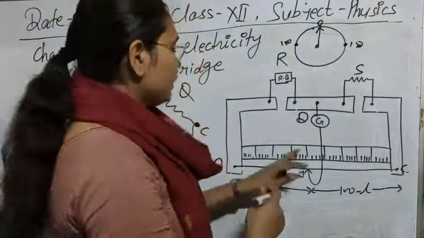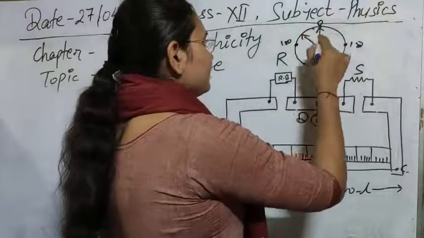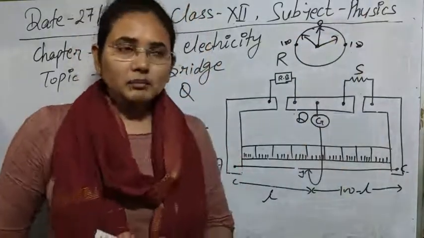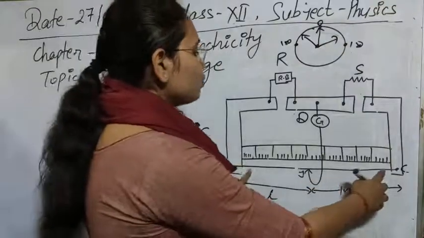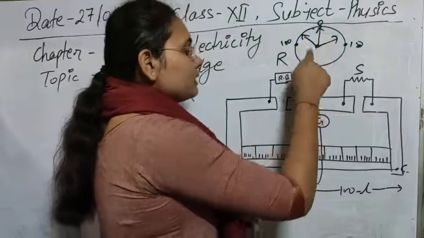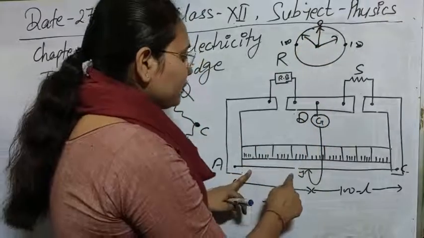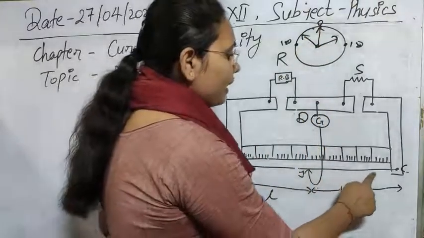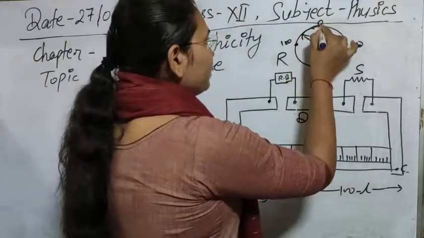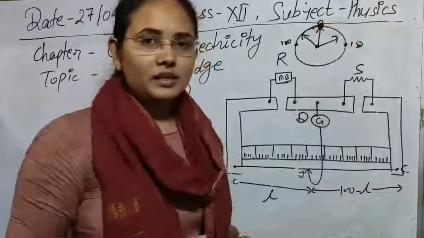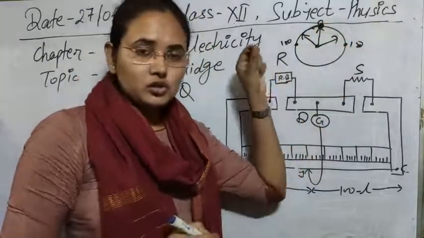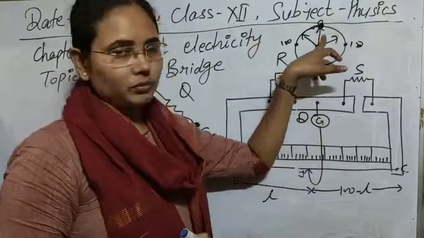If it deflects to the left on this side, then on the other side it will deflect to the right. So between these 2 points, obviously there will be a point where its direction changes. If it is on the left and as you slide you get right, then in going from left to right, obviously 0 will be obtained somewhere. So we have to detect the point where we get 0 current, 0 value in the galvanometer.